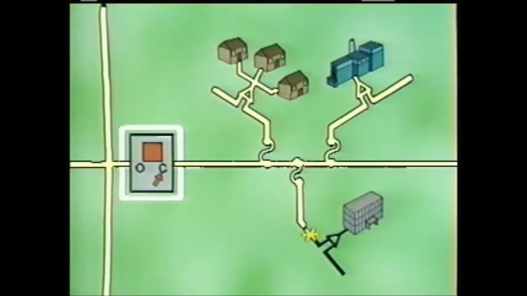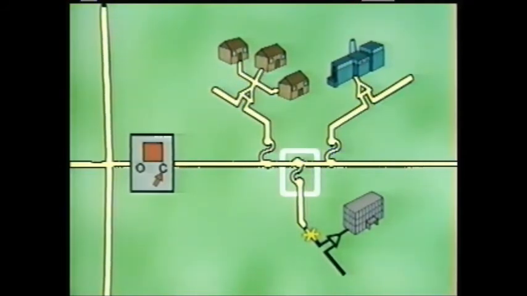The second time the circuit breaker senses the fault, it delays opening for a short period of time. The actual amount of delay varies from system to system. Regardless of the system, however, the delay provides enough time for the fuse connecting the lateral to the feeder to open.